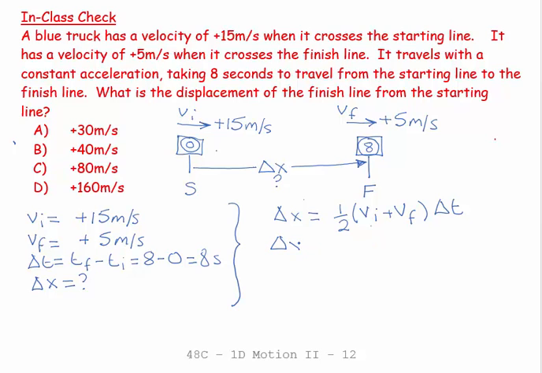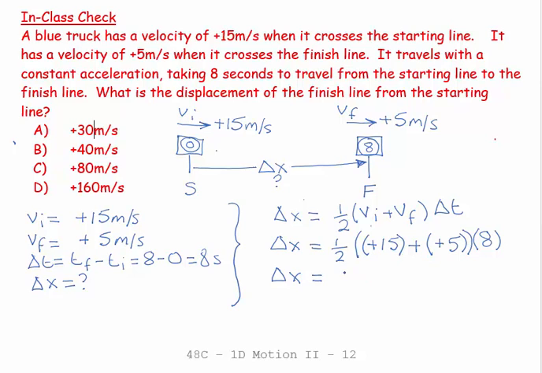So delta x is equal to 1/2 times (plus 15, and that's a thing, so let's put it in parentheses, plus 5 is the final velocity) times my time interval, which is 8. So delta x is equal to, well, 15 plus 5 is 20.